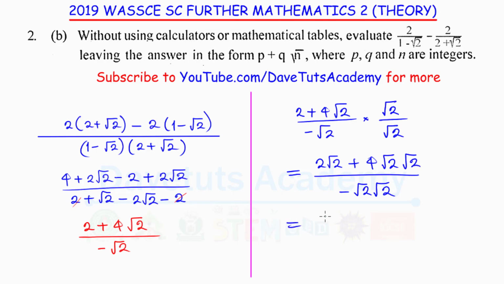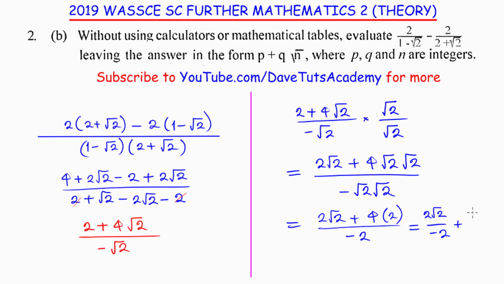So this is going to give us 2 root 2 plus 4 times 2, divided by 2, and we still have the negative sign, that's minus 2. If I break it out, that gives me 2 root 2 over minus 2 plus 4 times 2 is 8 over minus 2.